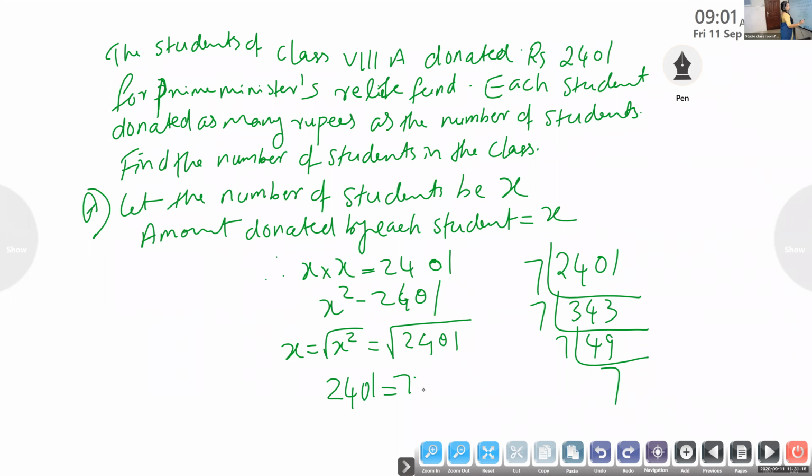So 7 into 7 into 7 into 7. So root of 2401 equals 7 into 7, 49.